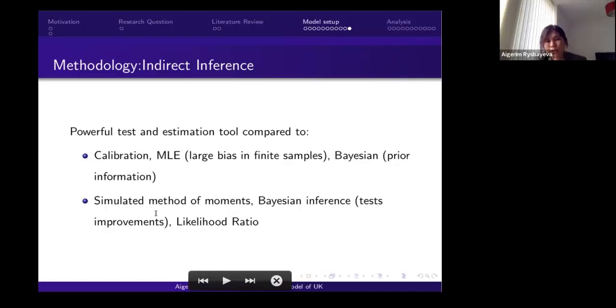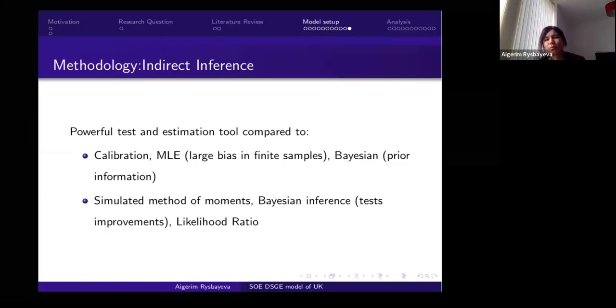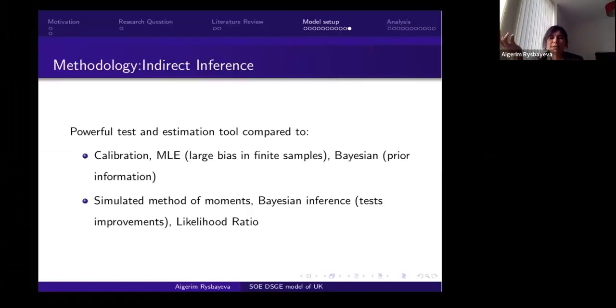Indirect inference is quite similar to the simulated method of moments. We randomly choose the parameters and simulate the moments. Actually, here I don't simulate the moments, I simulate the VAR model in indirect inference. Then I see whether my simulated model is similar to the model derived from the data.